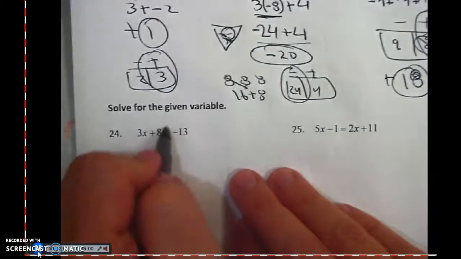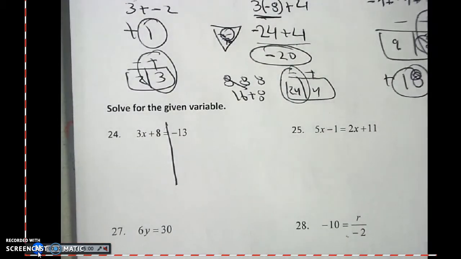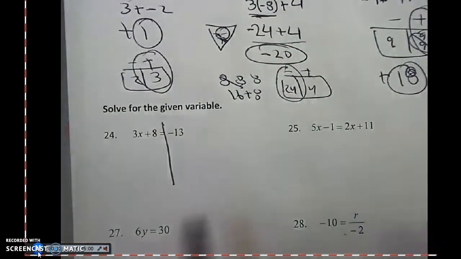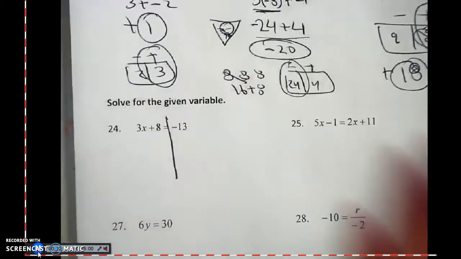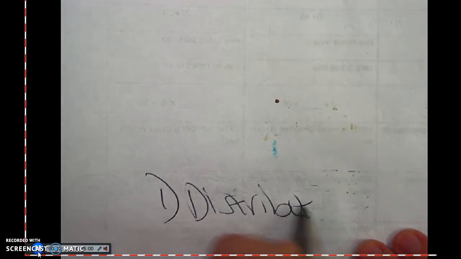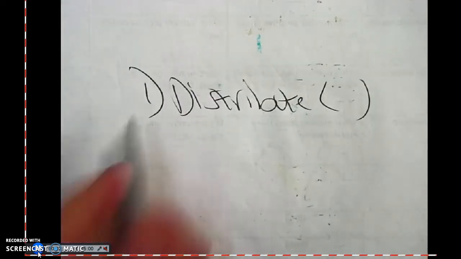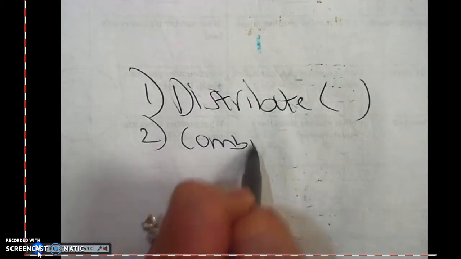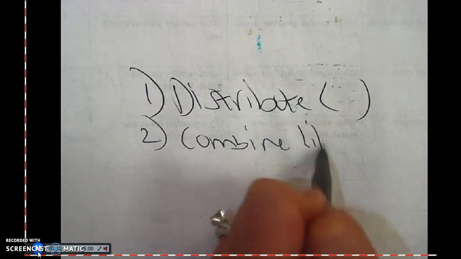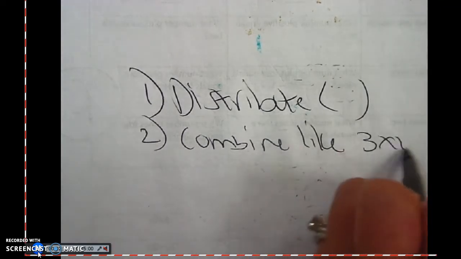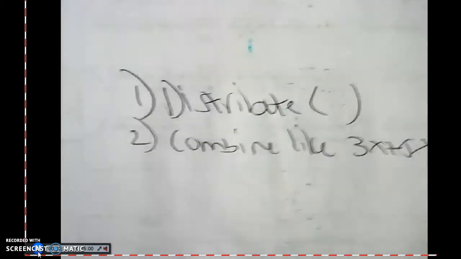All right, let's start solving. So I'm going to draw my line. Now, anytime I do these problems, I'm going to go through the basic things. So any one of these problems, I'm going to go step 1, distribute, which is parentheses. Step 2, combine like terms. And that's when you have like 3x plus 5x, okay?